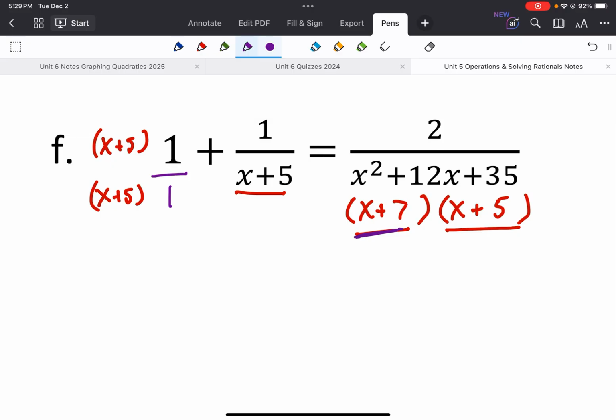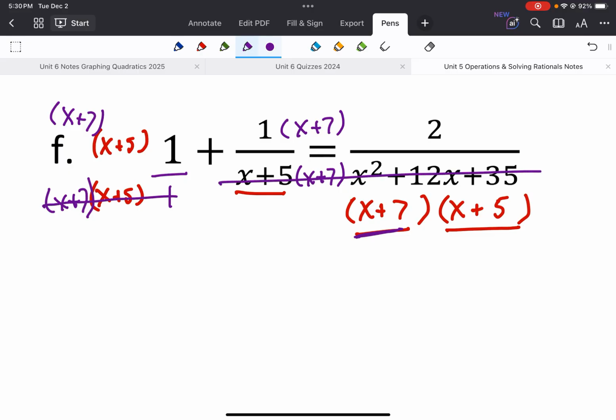I'll do a purple for that, but neither of the other terms have an x plus 7. And we'll need to do that. I'm going to try and squish that in here. Okay, so now all of the denominators are the same. So we could multiply both sides by that, and it would cancel them all out, okay?